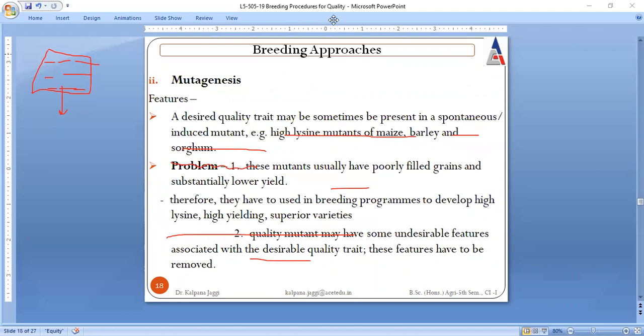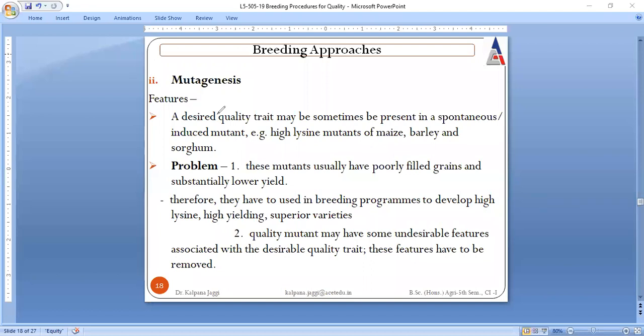Next is mutagenesis. Sometimes the desired quality trait is neither present in the cultivated variety, nor present in the germplasm.